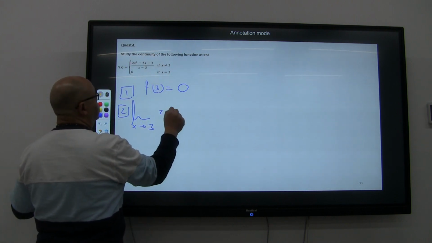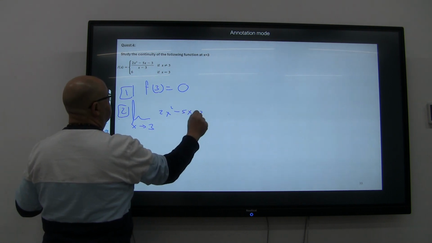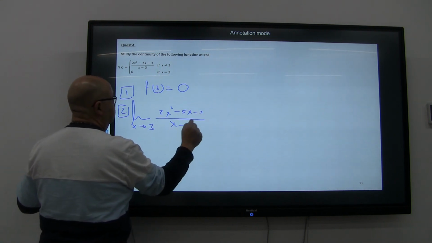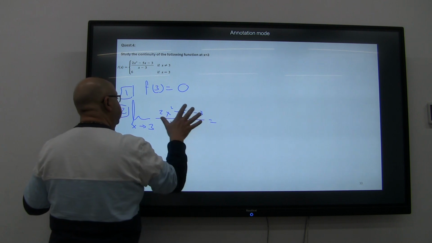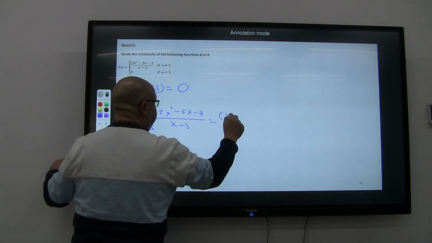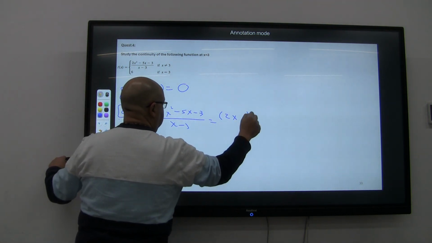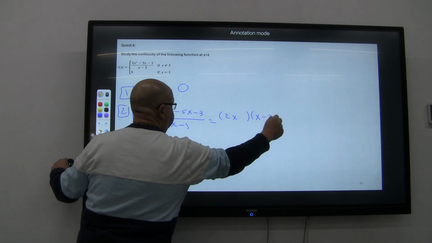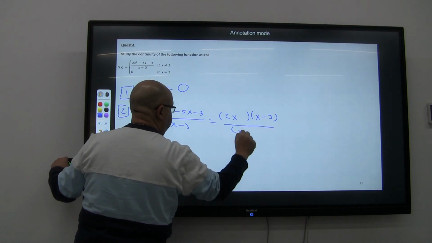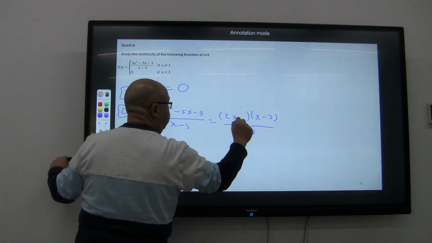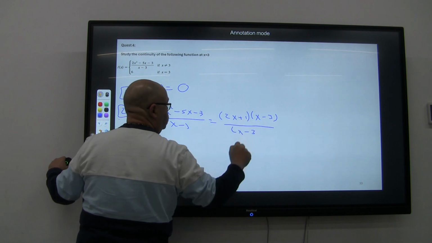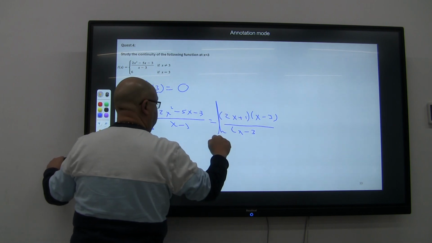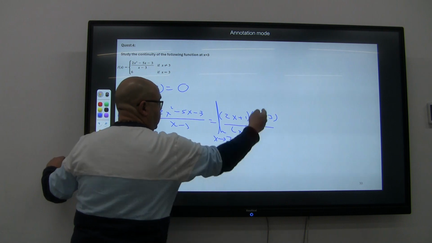Which is 2x squared minus 5x minus 3 over x minus 3. This is by factorizing, you will get 2x plus 1 times x minus 3, divided by x minus 3. I believe this is going to be 2x plus 1. This is the limit of x tends to positive 3.